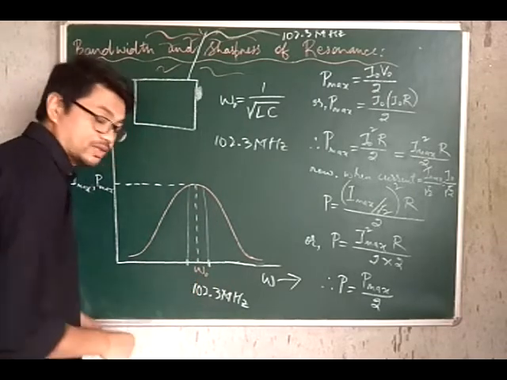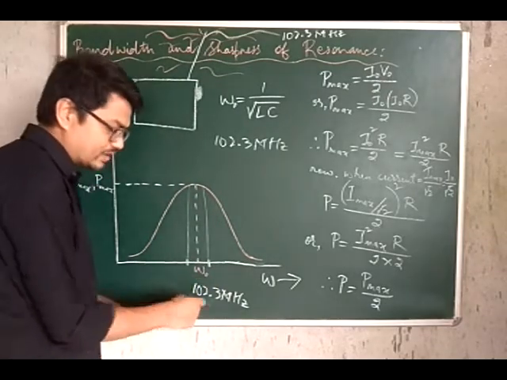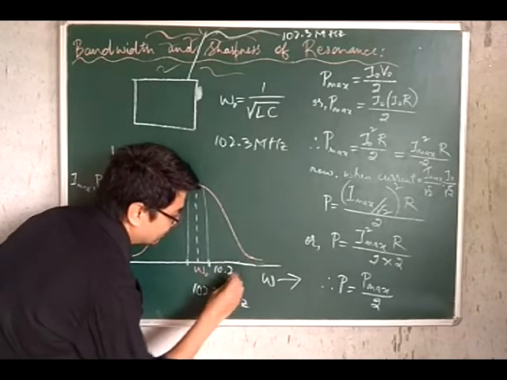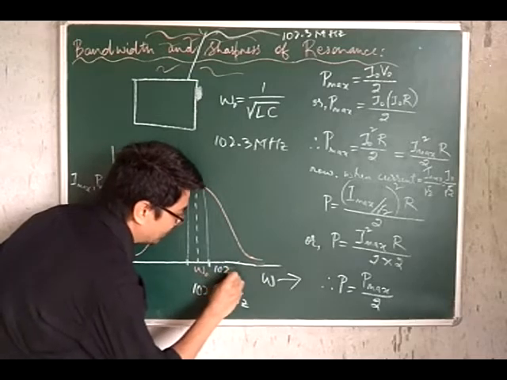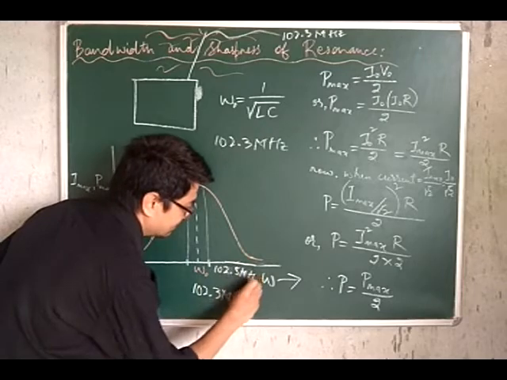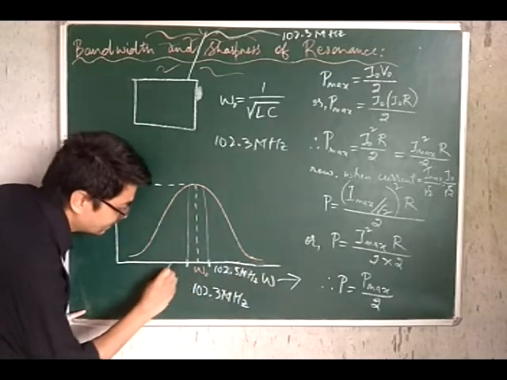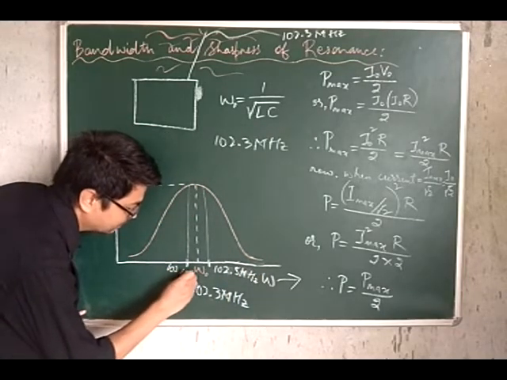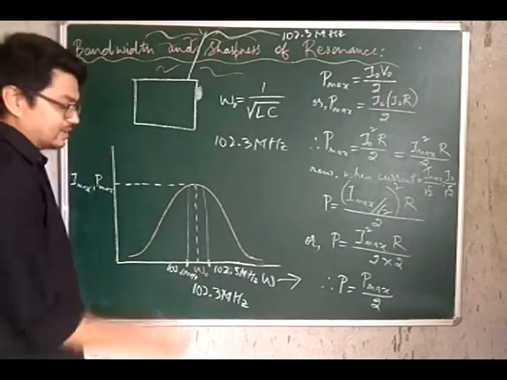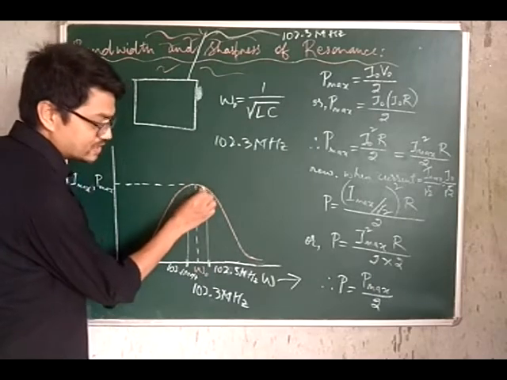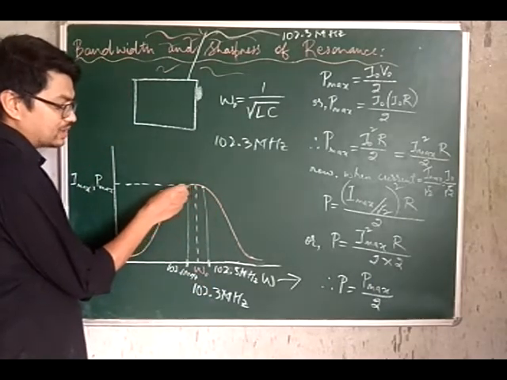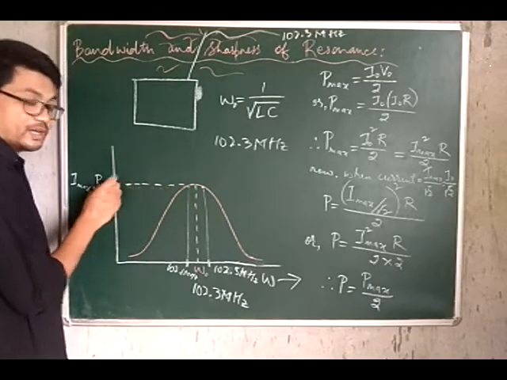There are other frequencies also. Say your resonating frequency is 102.3 megahertz. This is say 102.5 megahertz, and this value is 102.1 megahertz.